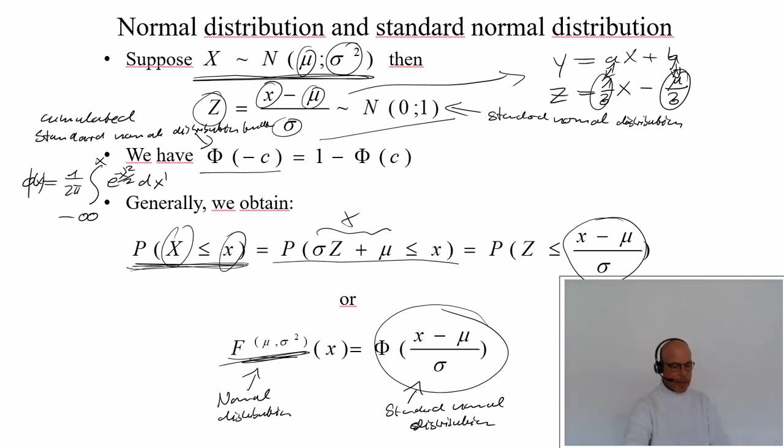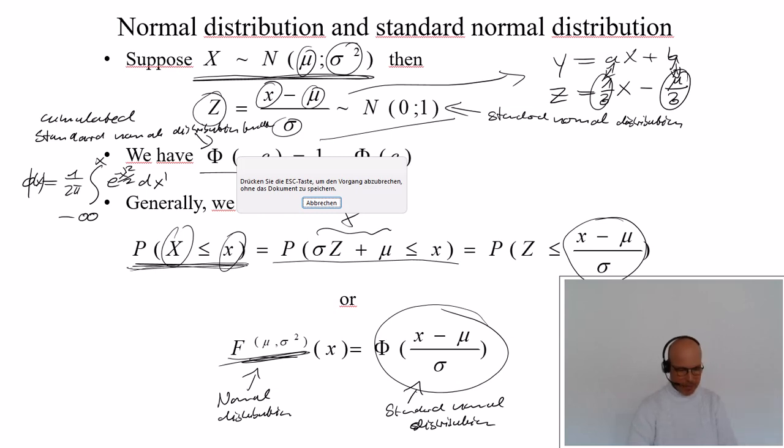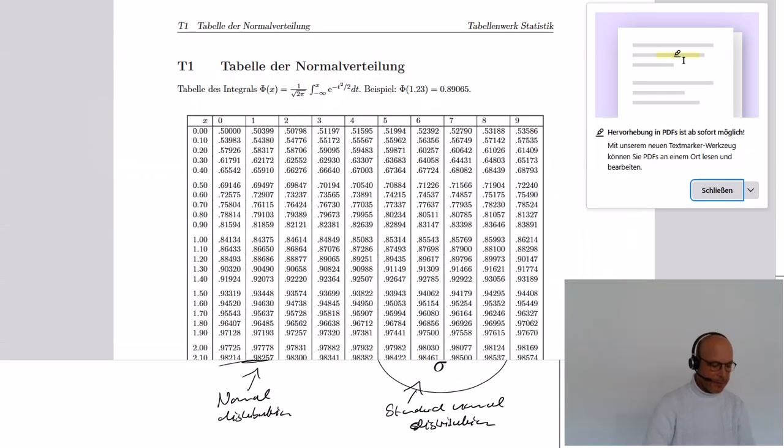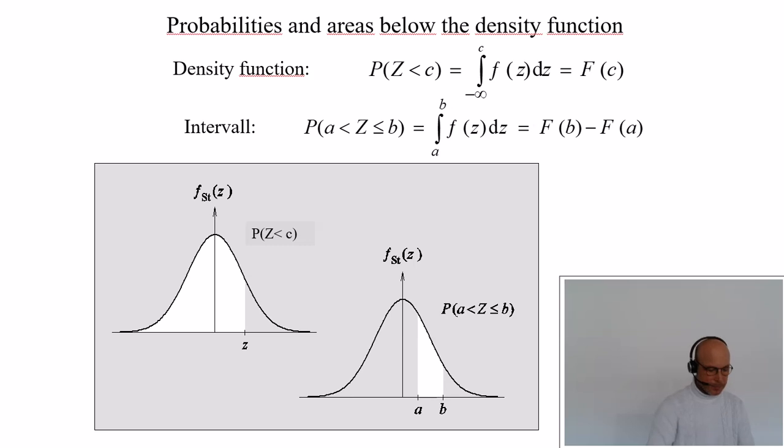And since we have this direct dependence, it is enough when we are just given only the numbers for the standard normal distribution. This is just the illustration of how we now calculate our probabilities.